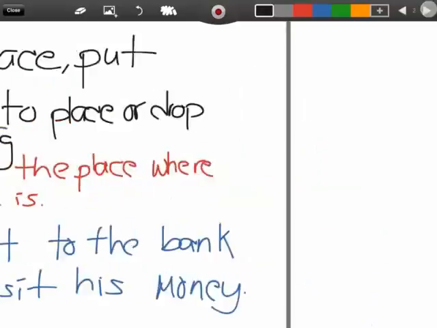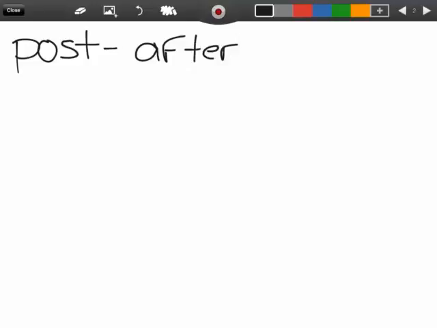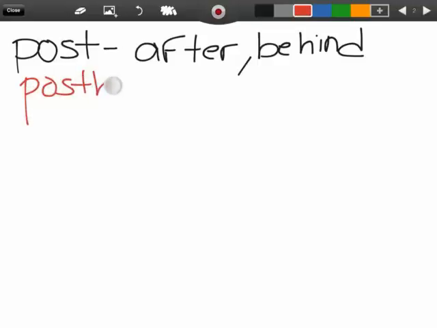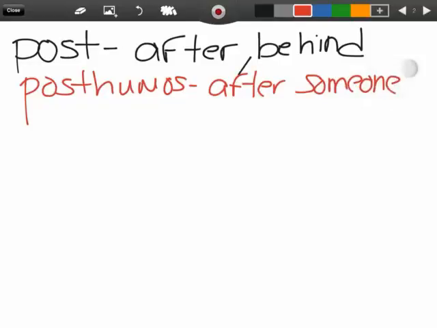Moving on, our next root is post, and post means after or behind. I'm going to give you two examples. One of them is posthumous, meaning after someone's death.